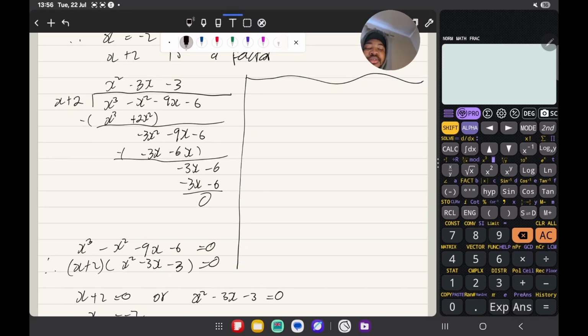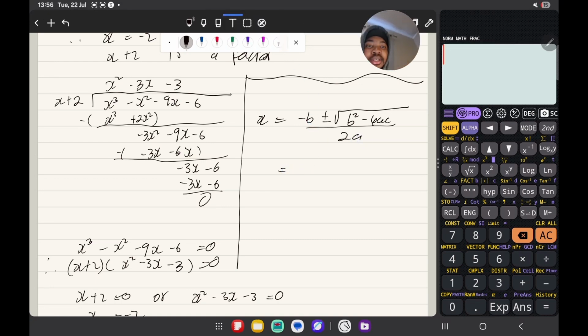Yeah, let's use a quadratic formula. Quadratic formula says x is equals to minus b plus or minus square root of b squared minus 4ac, over 2a, right?